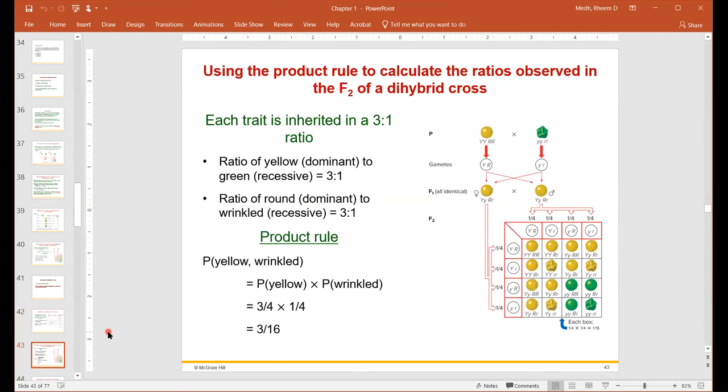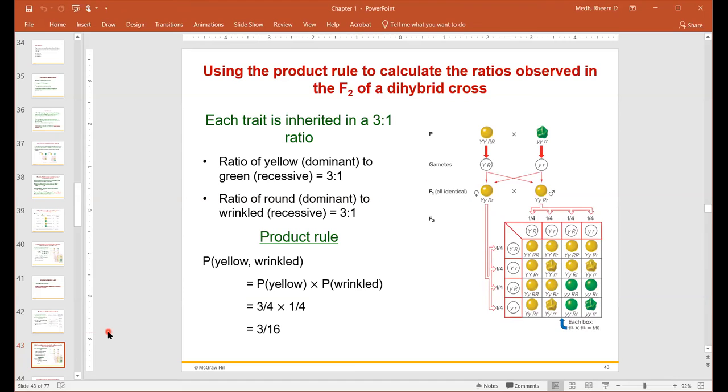So now I will show you, this is only 2 traits. If you had multiple traits, you couldn't possibly do a Punnett square. So I'm going to show you how you can use the law of the product, or the product rule, to combine the 2 traits and get your offspring ratios for both traits combined. Let's look at this example that they have shown.